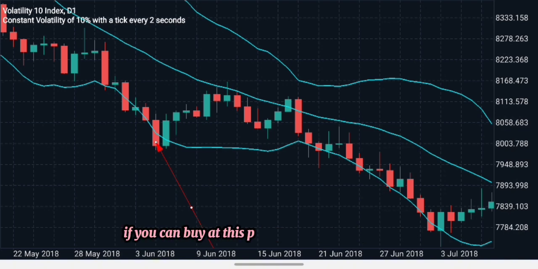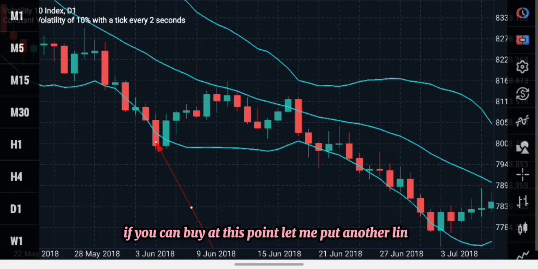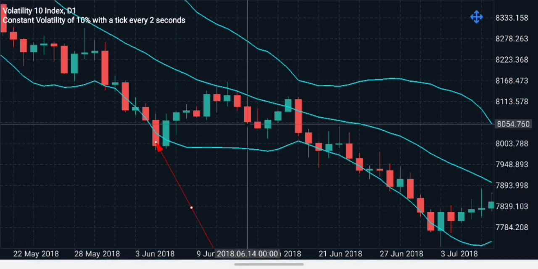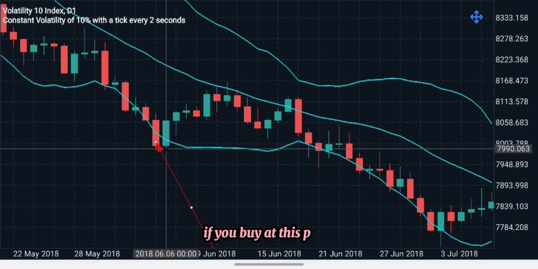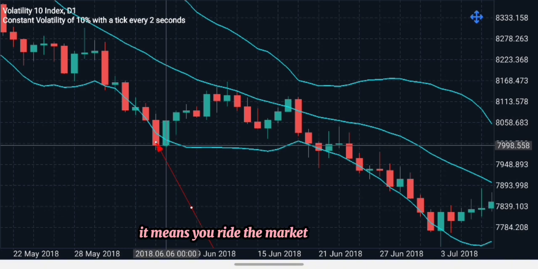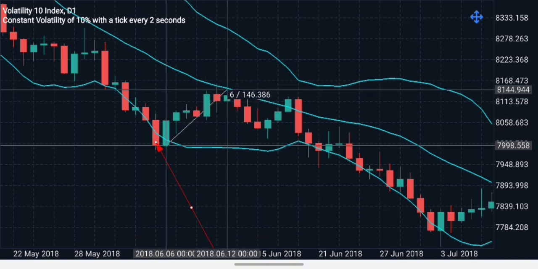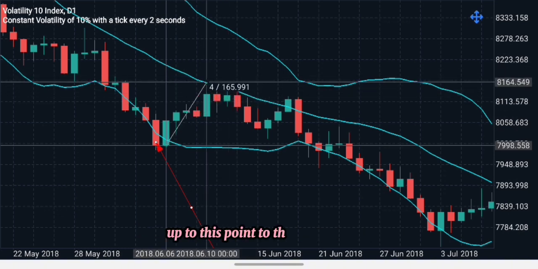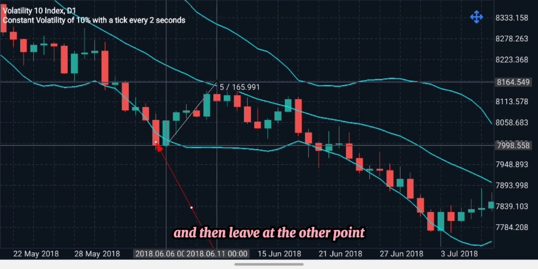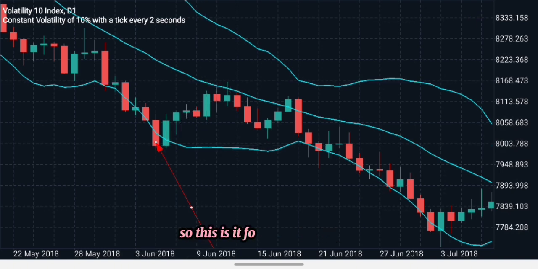If you can buy at this point, let me put another line. If you buy at this point, it means you ride the market up to this point, to this middle band. So you can enter at this point and then leave at the other point. So this is it for the Bollinger.